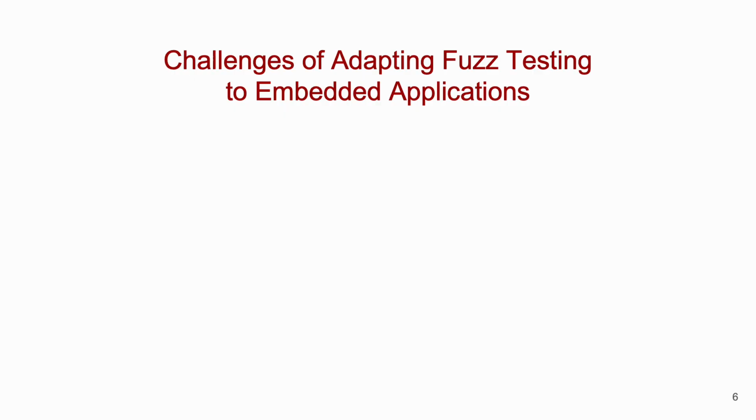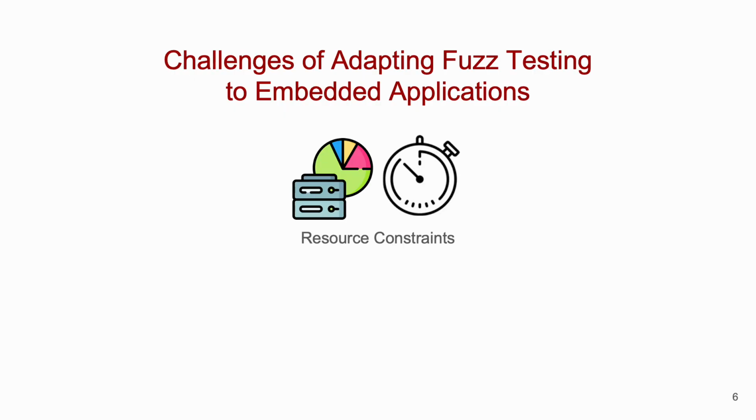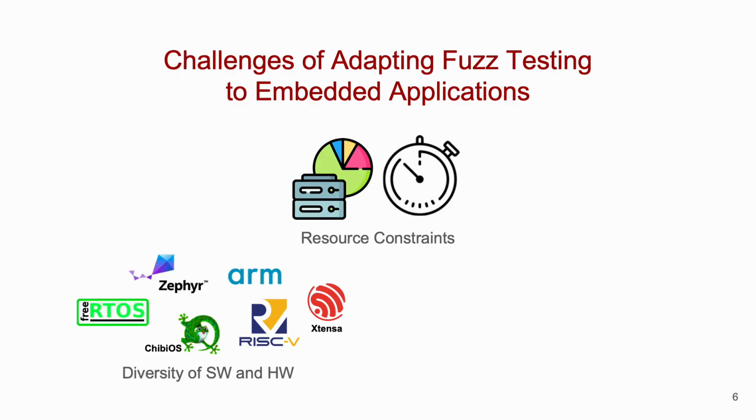However, it is not straightforward adapting this fuzzing loop to embedded applications for the following reasons. Embedded devices have limited memory and computational resources to store the seed pool, perform mutations, and coverage analysis, which form the core of the fuzzing loop. Embedded architectures are diverse and differ from device to device.